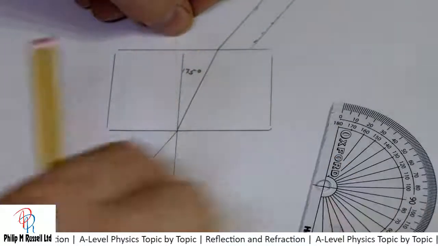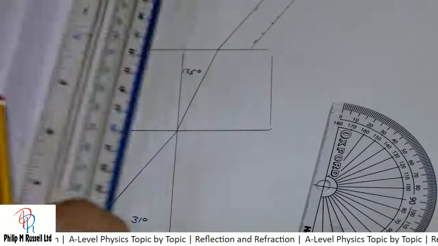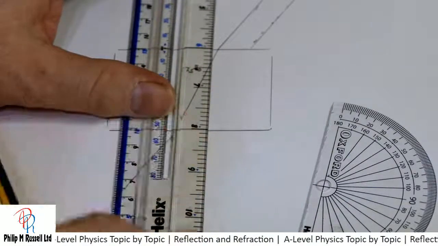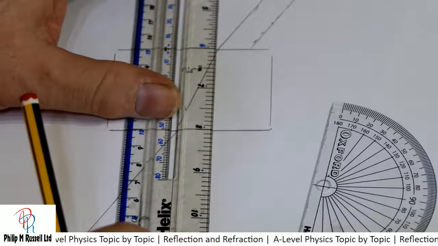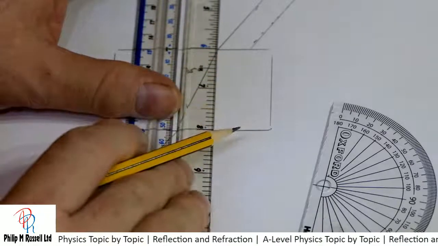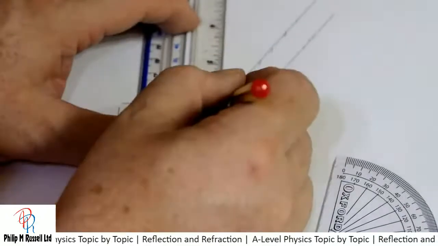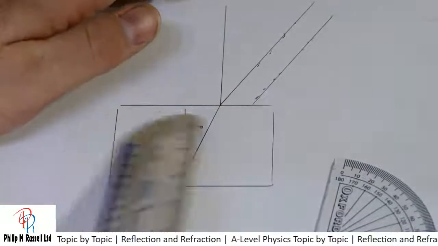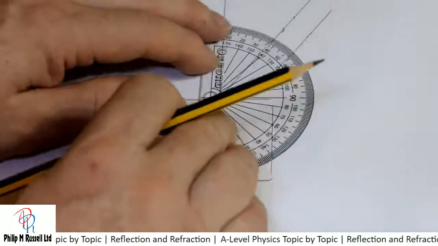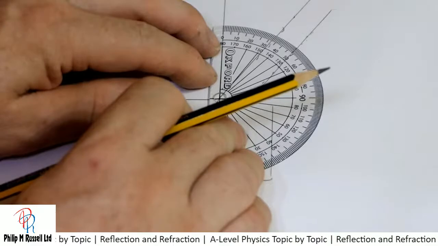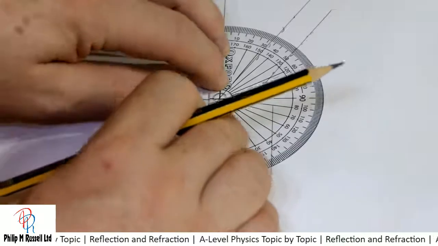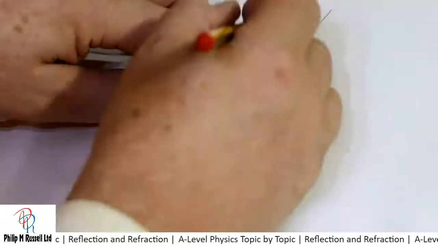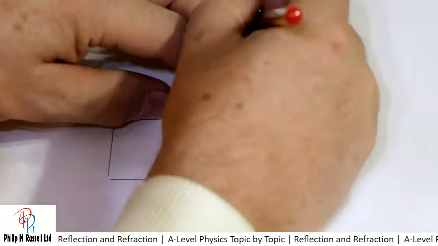And then if I take my ruler and using my long line on my number 6, which I can line up, I'm going to draw in the normal, and if I measure the angle leaving here, it's about 32 degrees.